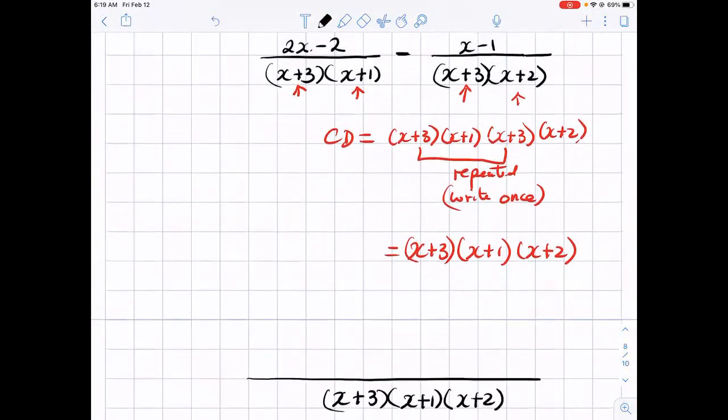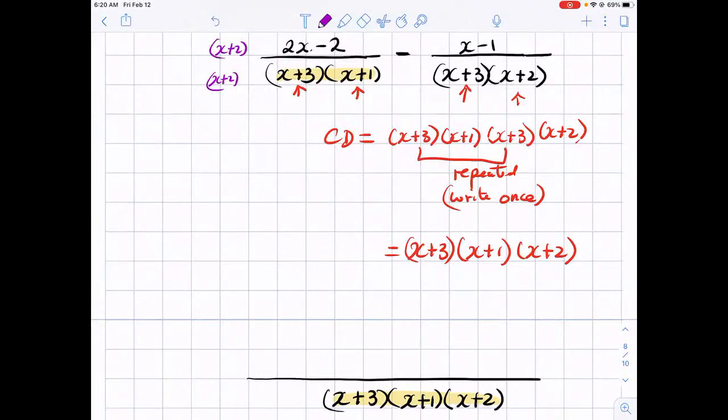Now, if we look at this denominator and compare it with the common denominator, you will notice we have an x plus 2 missing there. So I'm multiplying the bottom by x plus 2, so I must multiply the top by x plus 2 also.